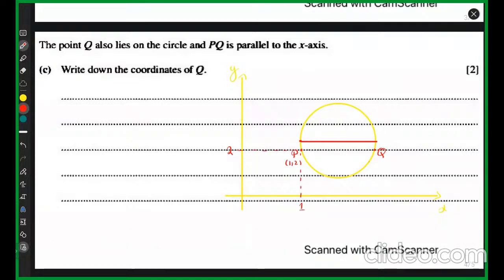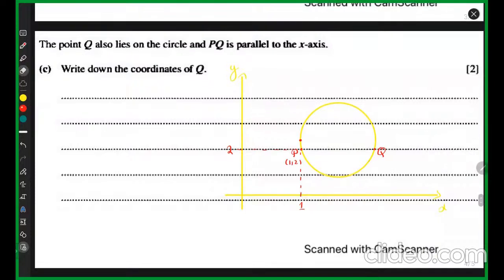P is just a point lying anywhere on the circle and Q is a point such that PQ is parallel to the x-axis. So PQ is basically parallel to the x-axis. Let's see. And yes, that's true.